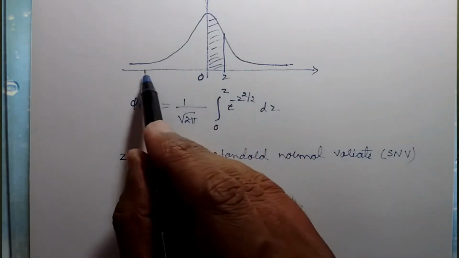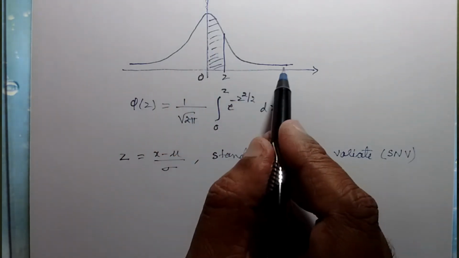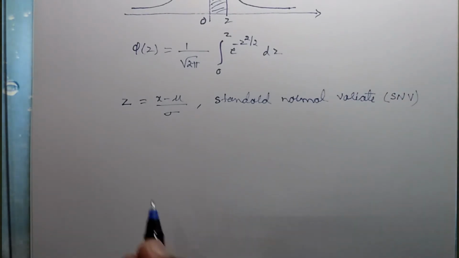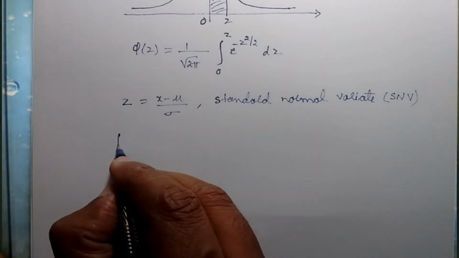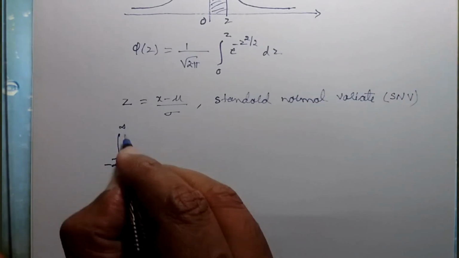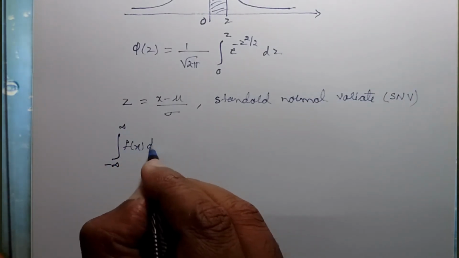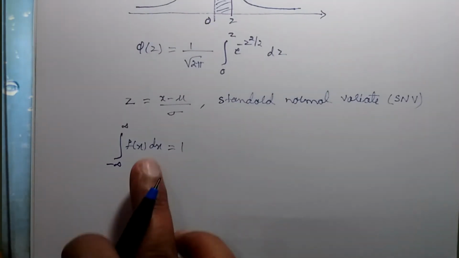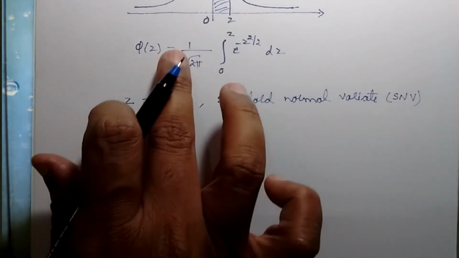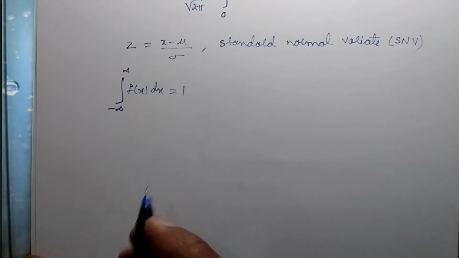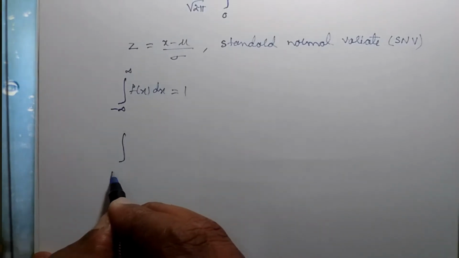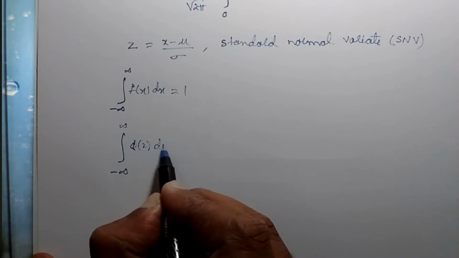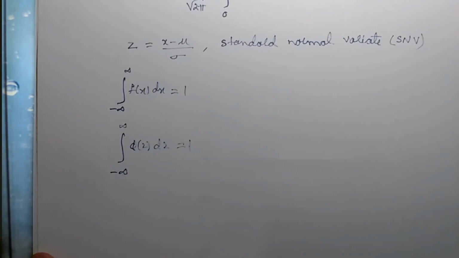And the area enclosed on this entire curve is always equals to 1, because we know that integral between minus infinity to plus infinity, f of x dx will be equals to 1. Now instead of the given function f of x, here I am trying to calculate phi of z. Therefore we can say that integral of minus infinity to plus infinity phi of z dz, its value will be equals to 1.